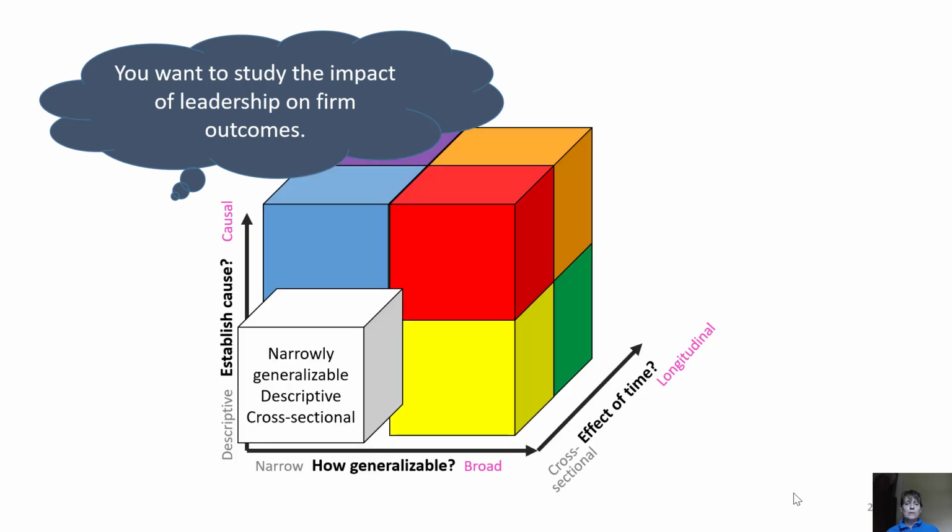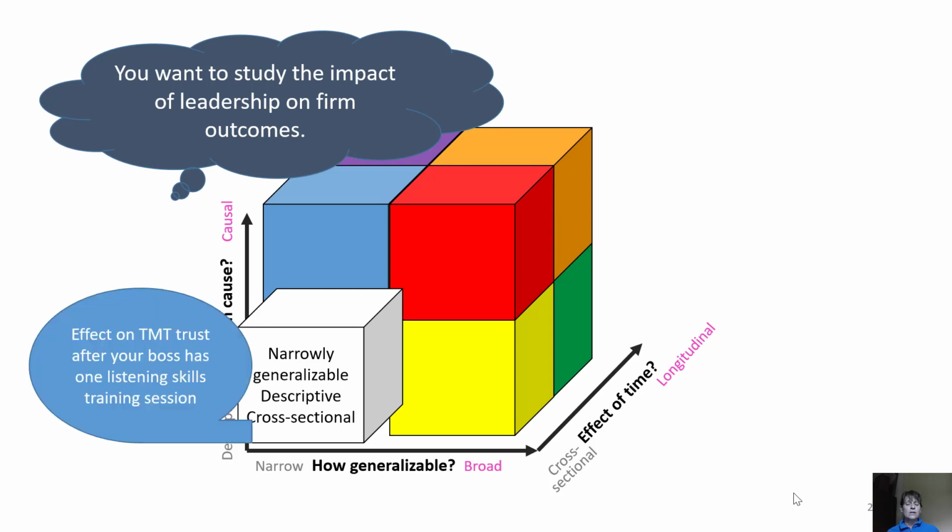So, for example, we might look at that white cube, where we have a narrowly generalizable, descriptive, and cross-sectional design that we're using. So we might want to evaluate the effect on the top management team's trust after your boss has one listening skills session. So the boss experiences some listening skills, tries it out with his or her top management team, and then we want to see how that impacts trust.